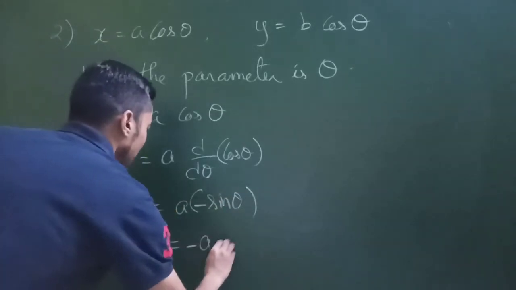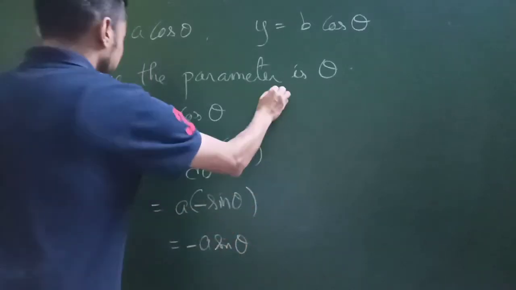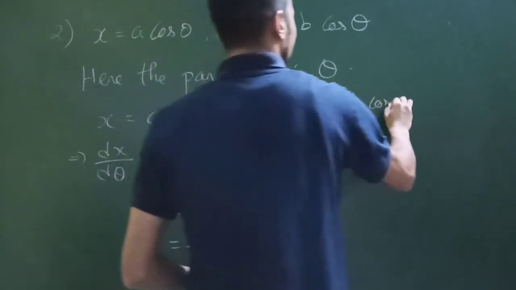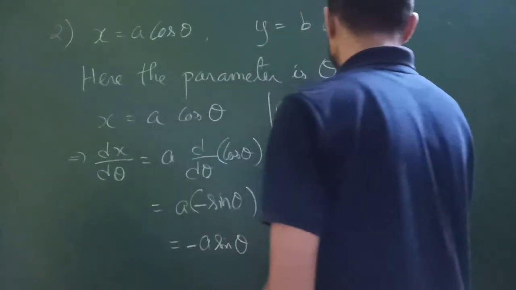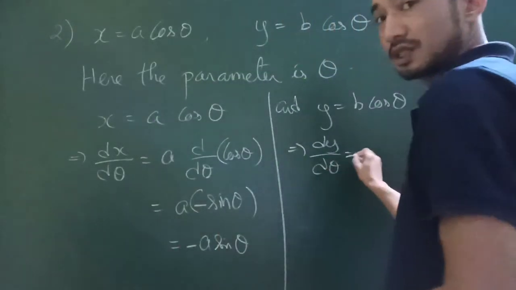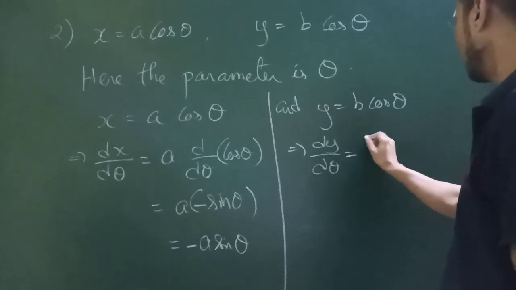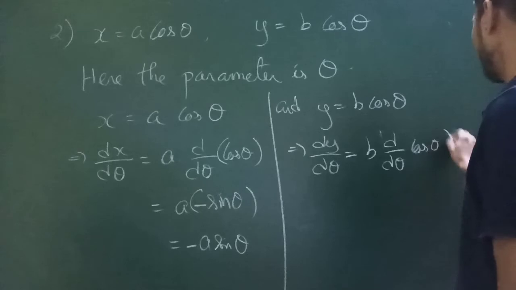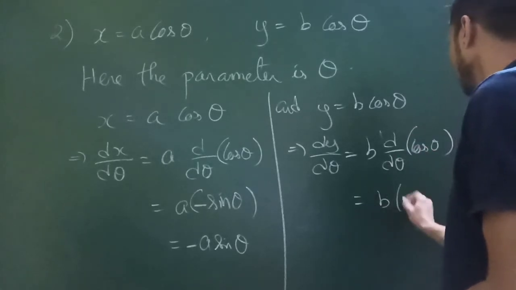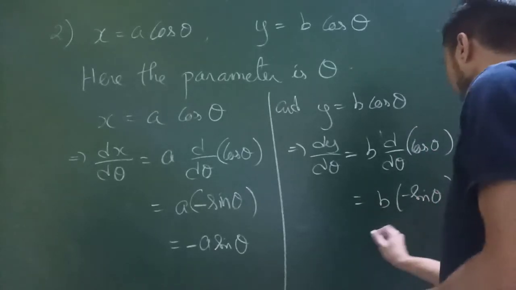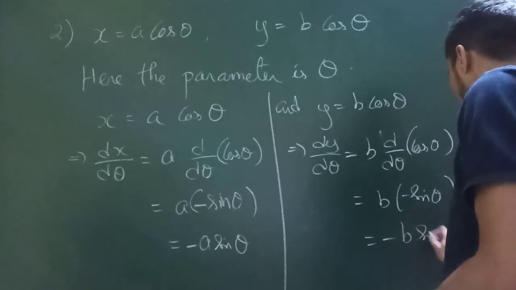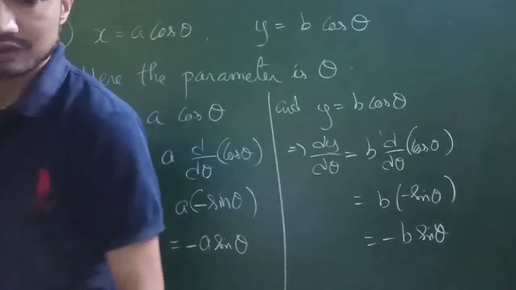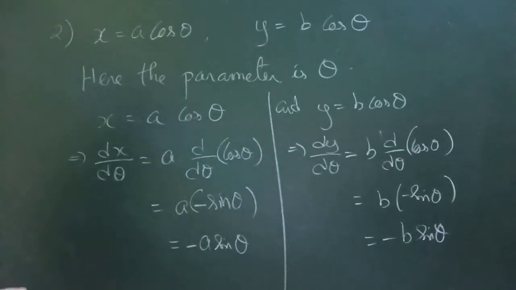So that's minus a sin theta. And y equal to b cos theta. Similarly, we differentiate y with respect to theta. b constant, derivative of cos theta is minus sine theta. So that will be minus b sin theta. If you want, you can mark your equations as equation 1, equation 2. That's up to you.